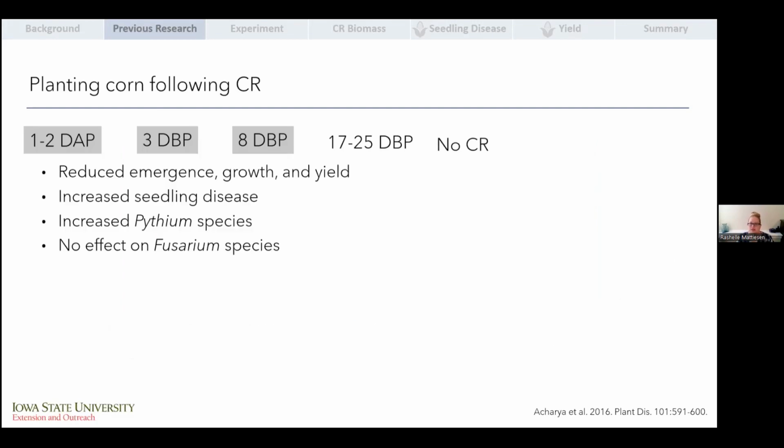And what Karya found was that for these 3 different treatments, there was reduced emergence, growth, and yield of corn, and also increased seedling disease, which was mainly caused by Pythium species rather than Fusarium species.